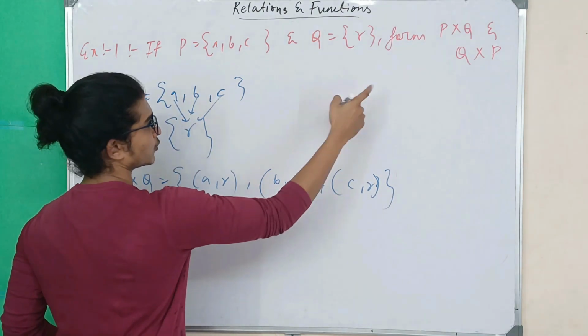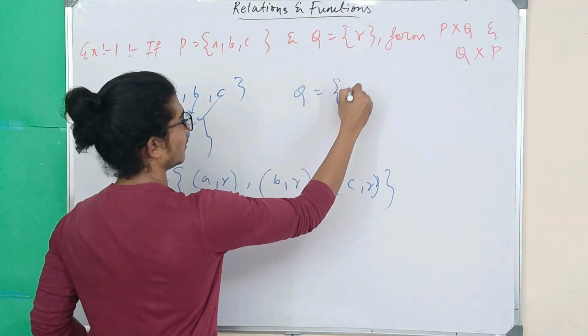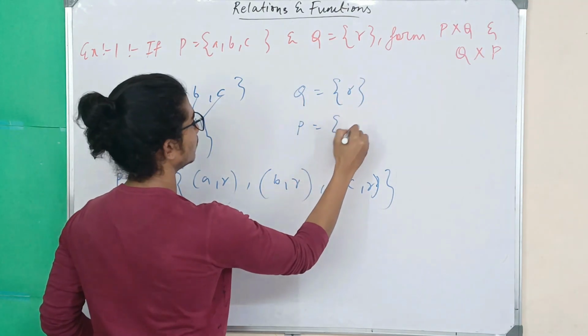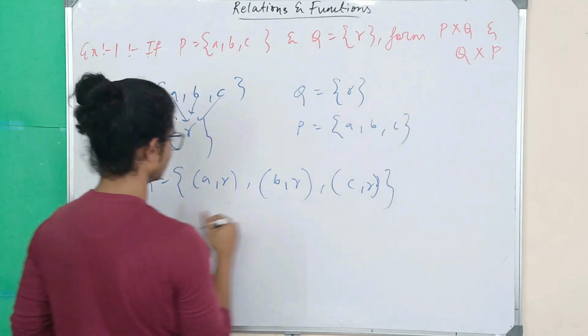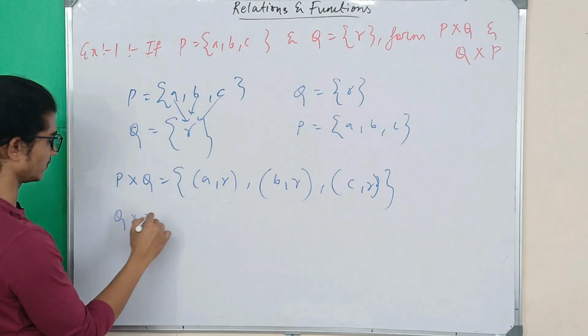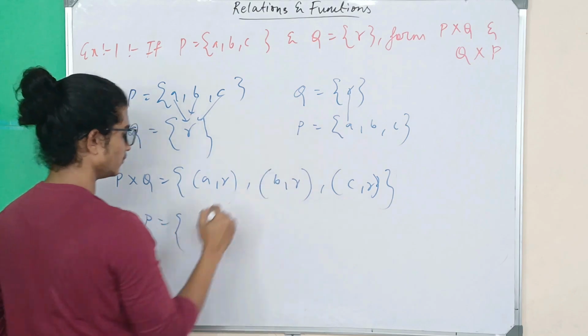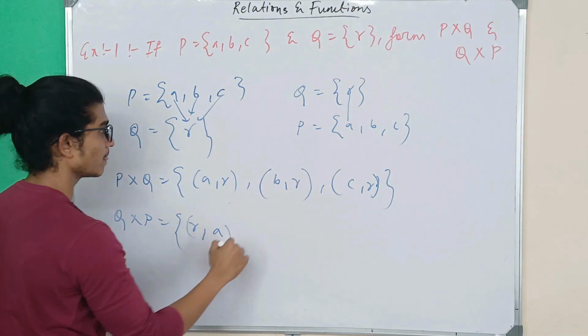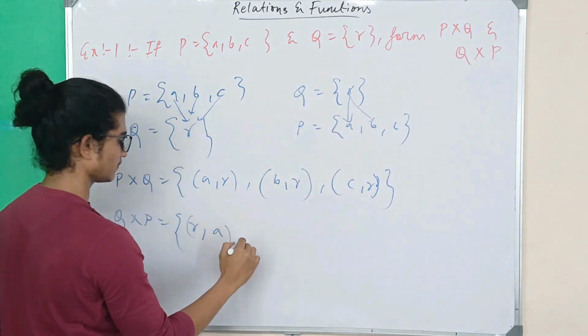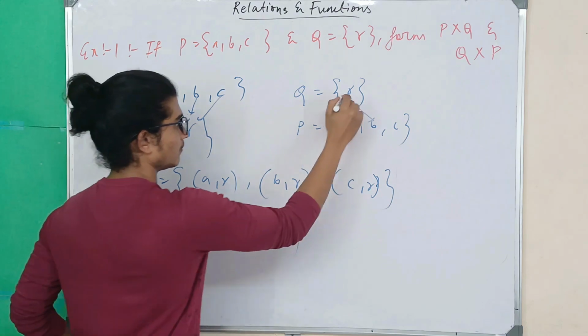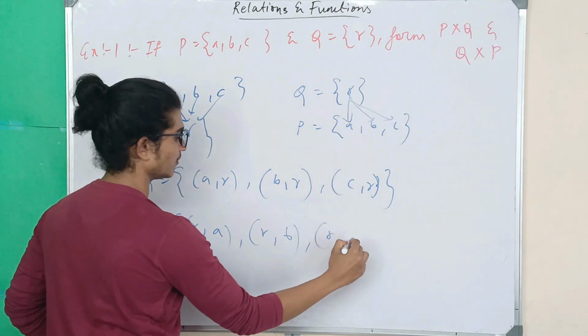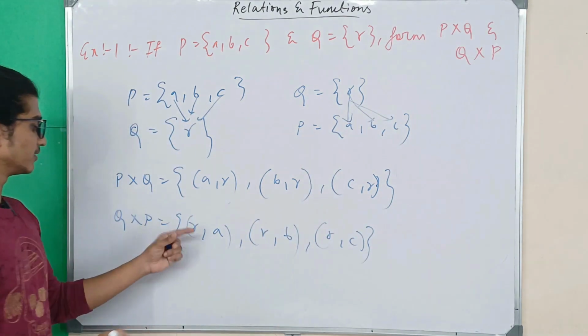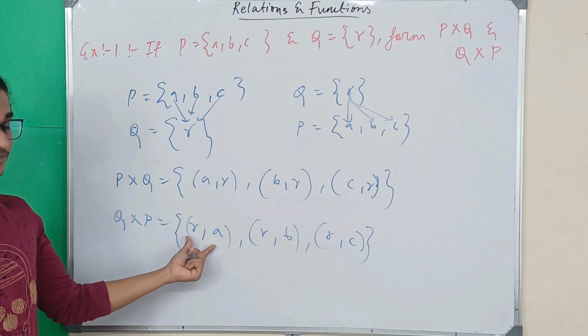Next we have Q cross P. Q is {r} and P is {a, b, c}. In this case, Q cross P is going to be (r, a), (r, b), (r, c).